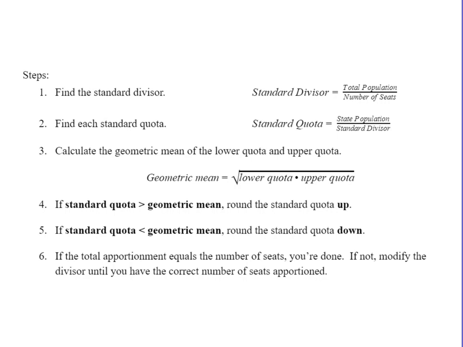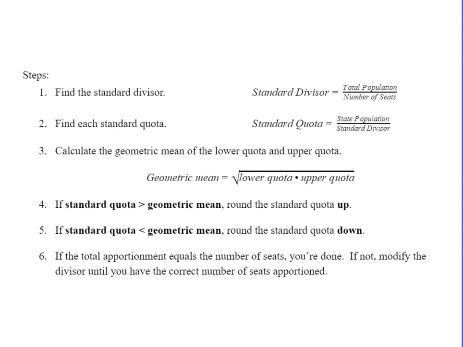When we looked at Webster's method, we rounded normally. So if the decimal part of your standard quota was 0.5 or higher, you round up. If it was less than 0.5, you round down. Well, now, instead of using 0.5 as our cutoff for rounding, we're going to use the geometric mean.